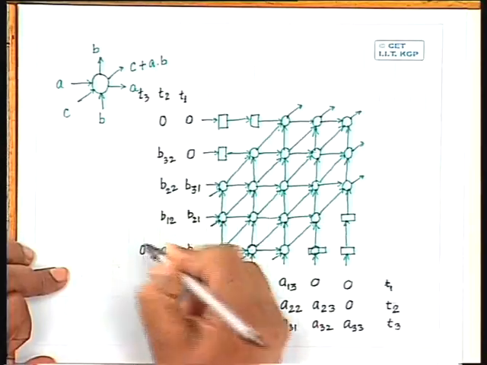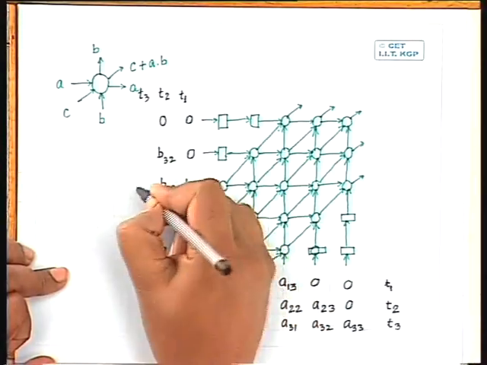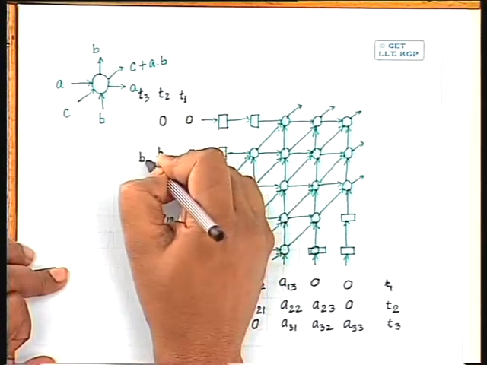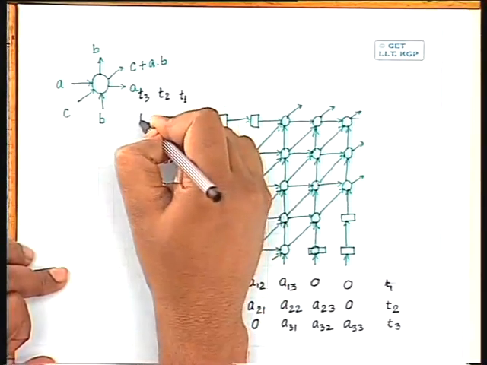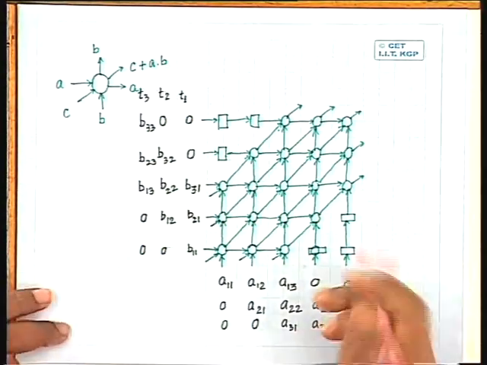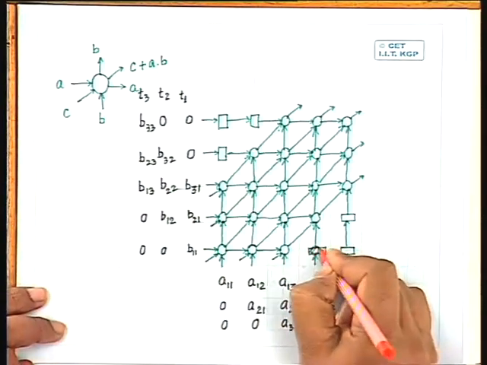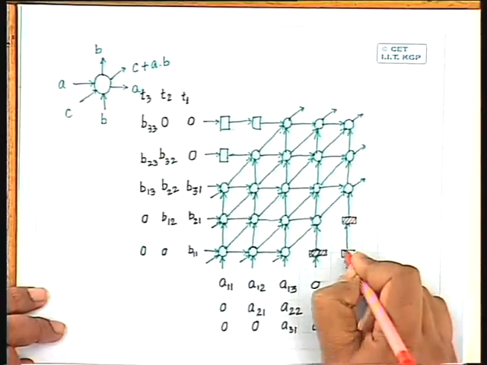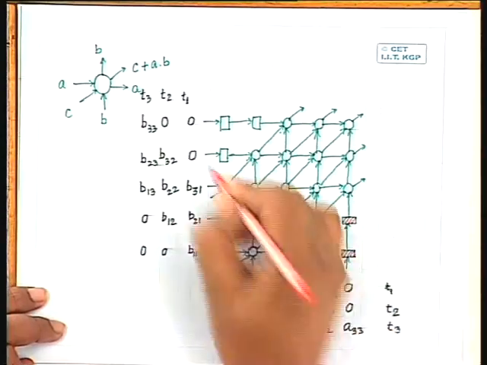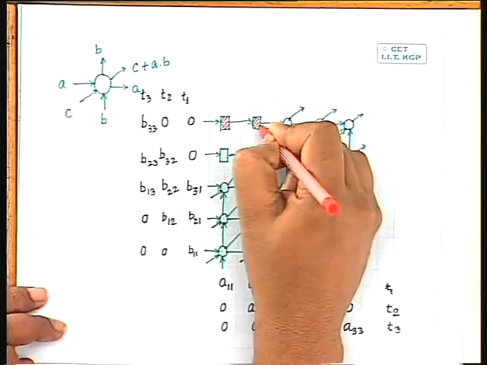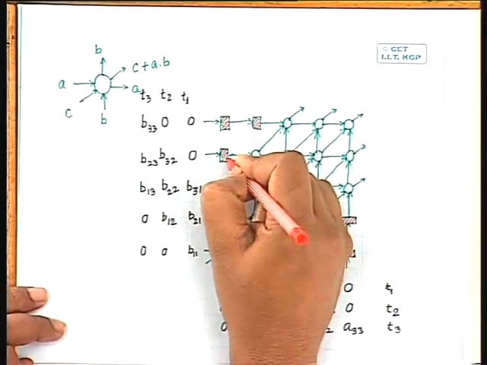So this input becomes 0, 0, B13, B23, and B33. Okay. And these are actually delay elements which I have shown by rectangles or latches.